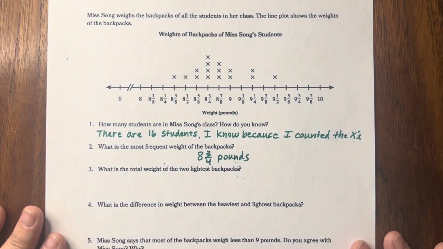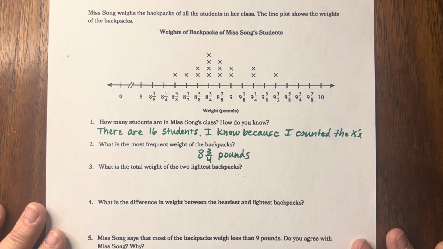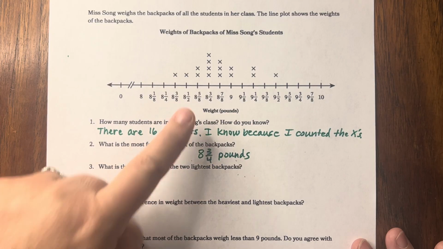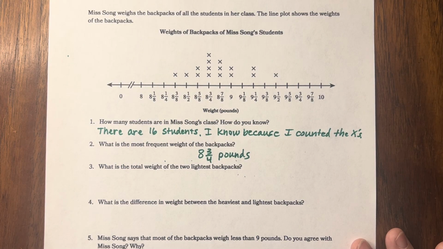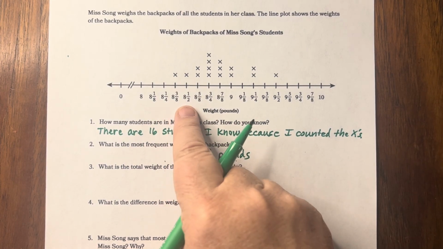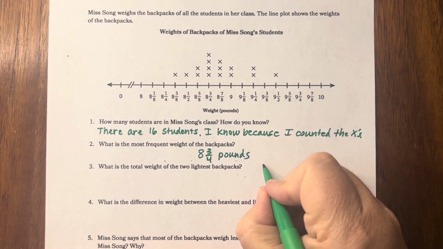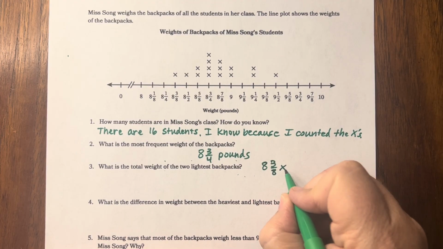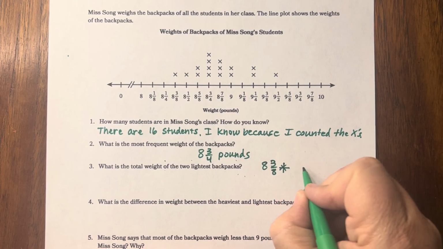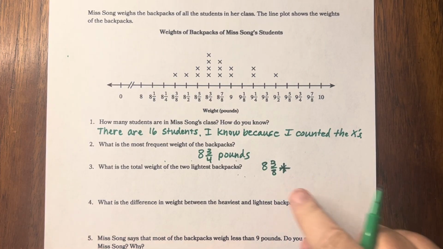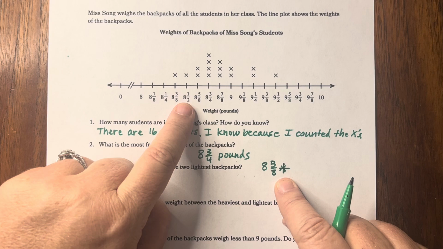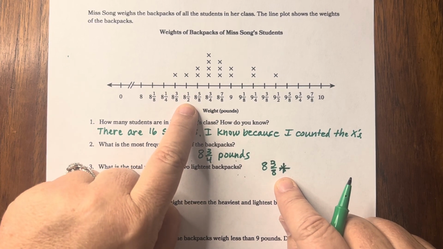What is the total weight of the 2 lightest backpacks? So sometimes they're going to actually have us do some math here. So we have 8 3/8 and 8 1/2. So 8 3/8, and I should be asking myself, not times, Mrs. Shaver. We're doing plus. Make yours a plus, not a times. 8 3/8 plus 8 1/2. So if I'm doing eighths, I should be able to, in my head, change that to eighths.